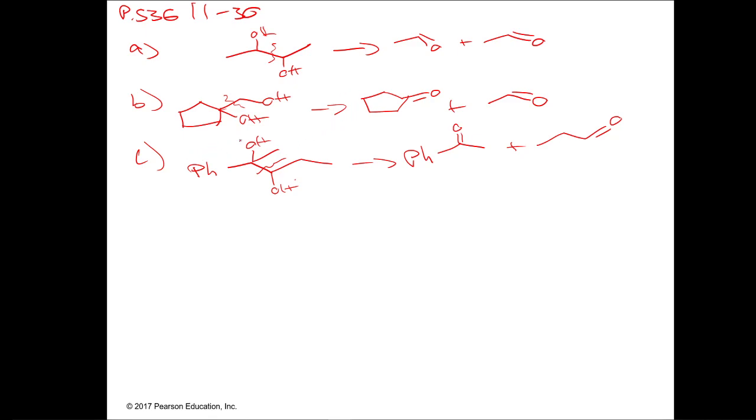The easiest way to make sure your split products are correct, and this is not just for this cleavage, anytime you have a cleavage, is to count the carbons. I have a phenyl group, and then 2 carbons, and this oxygen turns into a ketone. And here I have 3 carbons, and that oxygen turns into an aldehyde.